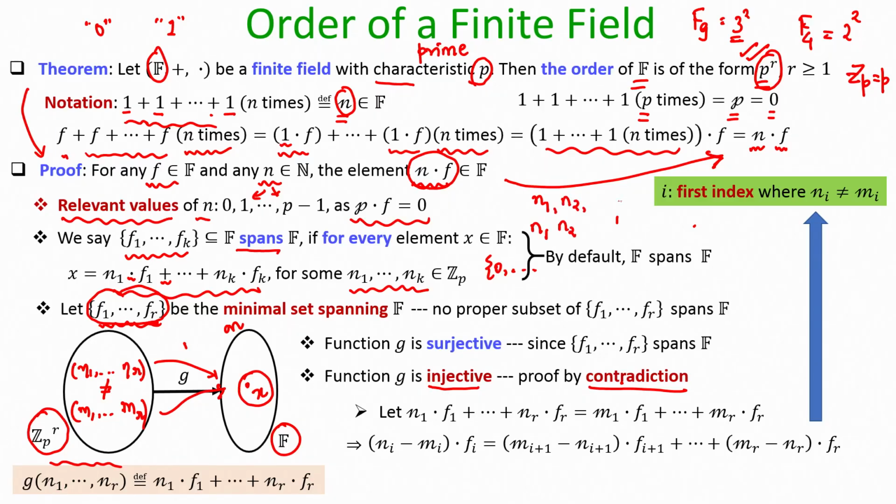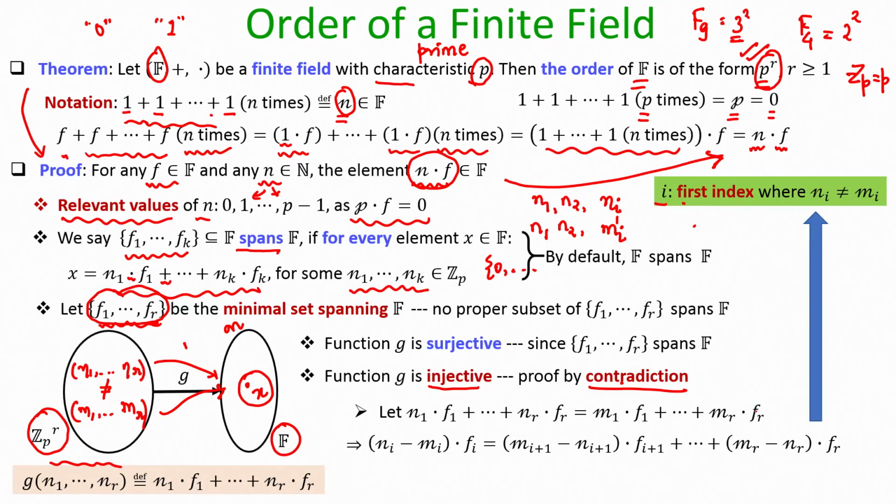But suppose I is the first index where in the first R tuple you have the value Ni, and in the second R tuple you have the value Mi, where Ni and Mi are different, but the first I minus 1 components in both the R tuples are the same. So, I am focusing on the first index I where the R tuple n and the R tuple m are different.